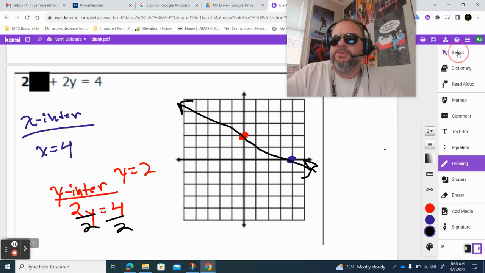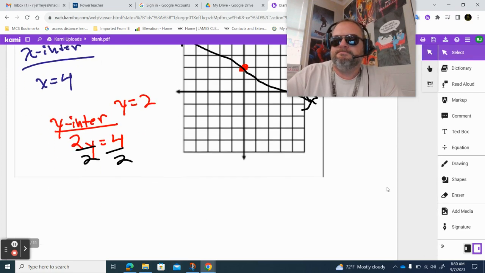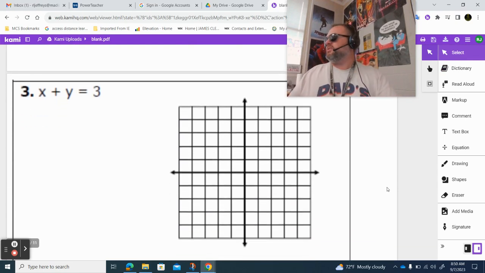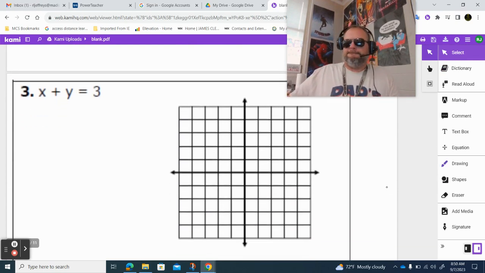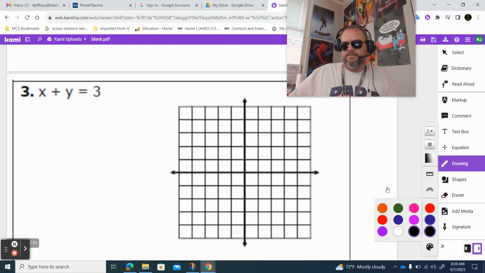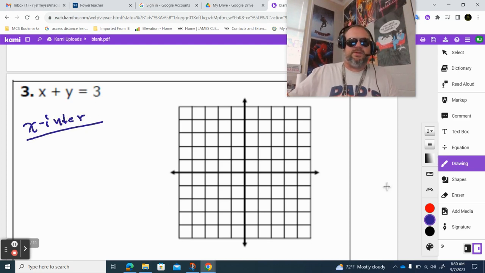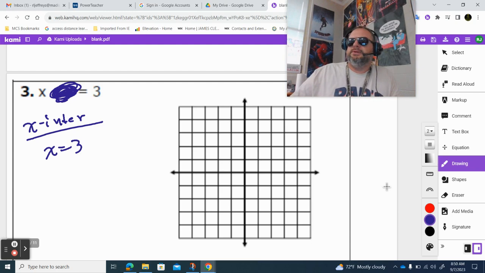All right. Are we going to number 2? All right. Number 3. Number 3 is the hardest one we've done so far. For the x-intercept, we cover up the y. We get x equals 3. What do we do to solve it? Nothing. It's done. 1, 2, and 3.